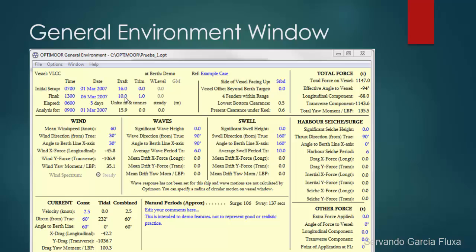Why could this have changed? Because maybe at the beginning of the analysis the ship was unloaded, and at the end of the analysis the ship was loaded. So these parameters can change between the beginning and the end of the analysis. Something that I haven't explained is that blue numbers mean input numbers and black numbers mean results.